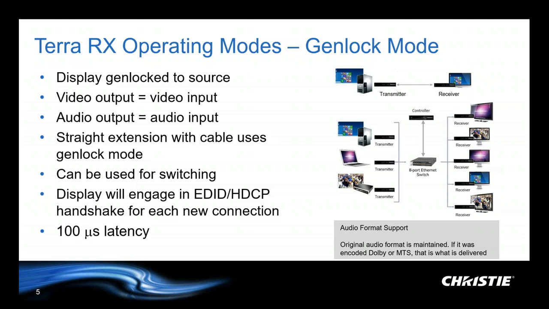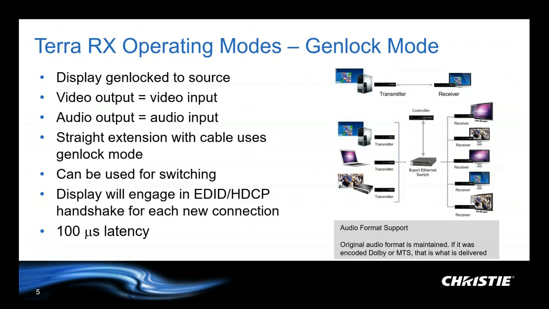So whatever the source transmits via the transmitter will come out at the other end on the receiver. If it's 4K in on the TX, you'll get 4K out on the RX. It's basically an extension of what that source is.